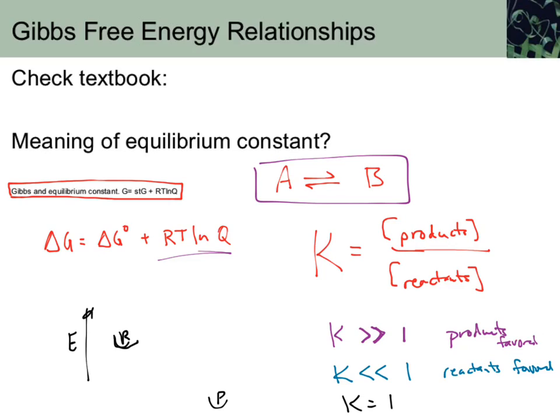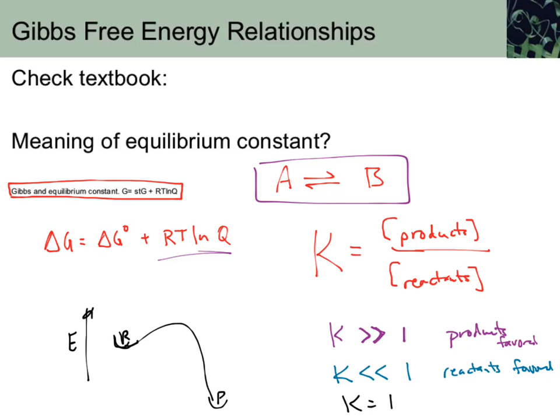Why the products? They're more stable, they're lower in energy. So we would expect in this case to have what value for our K? Positive, or greater than 1. Greater than 1. Okay?